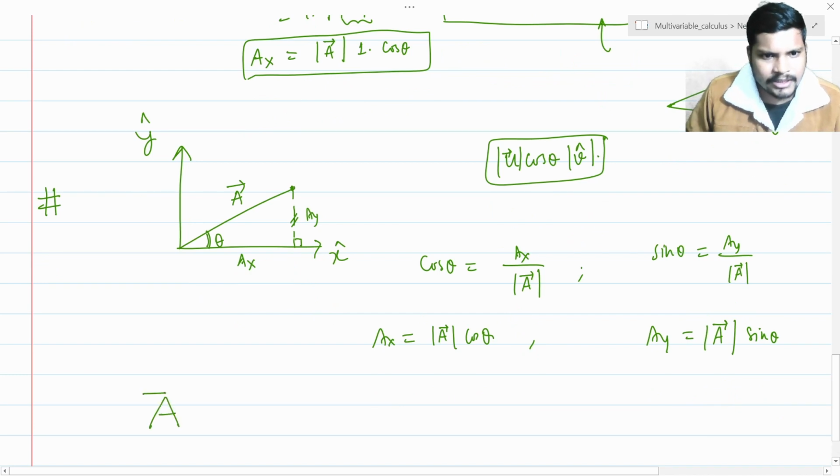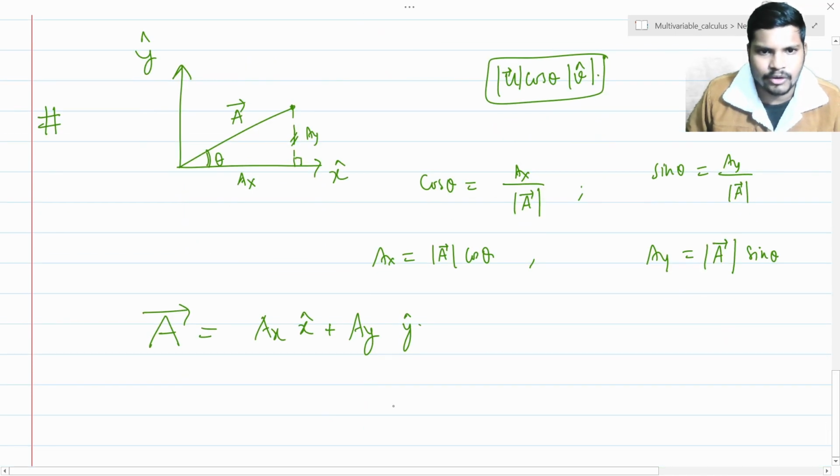If I have to write the complete vector, it is ax x hat plus ay y hat, so a cos theta x hat plus a sine theta y hat. So this is again the rule.